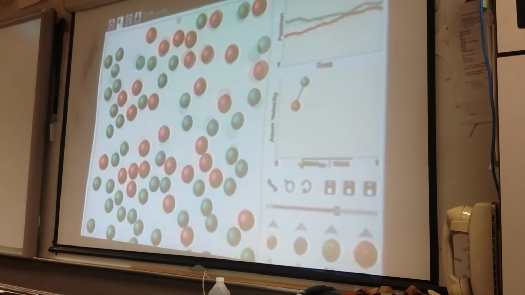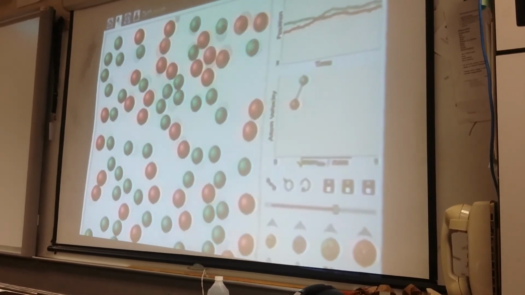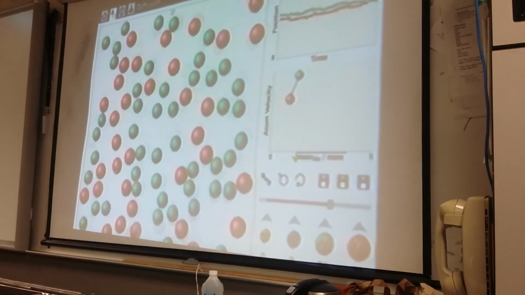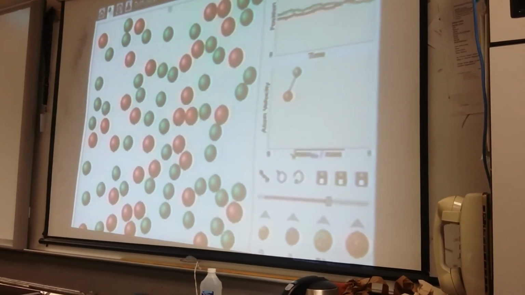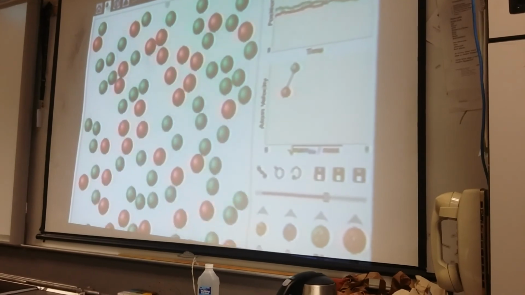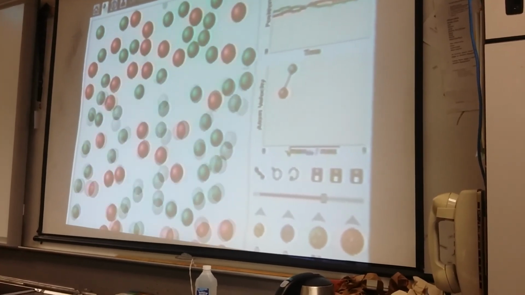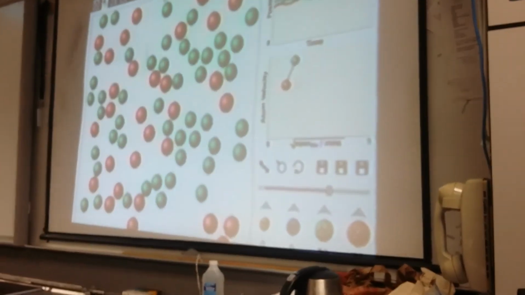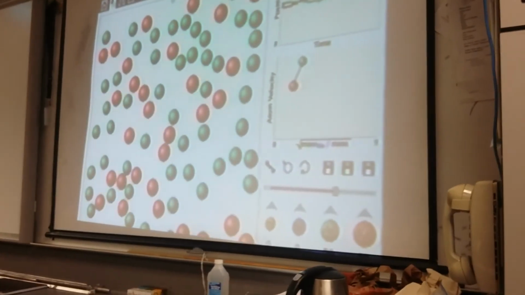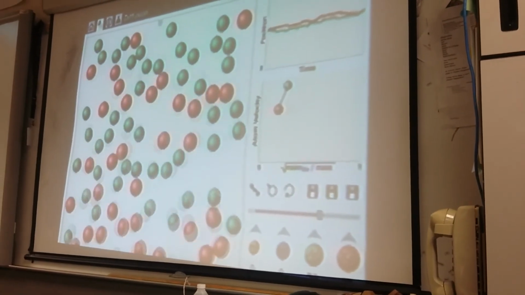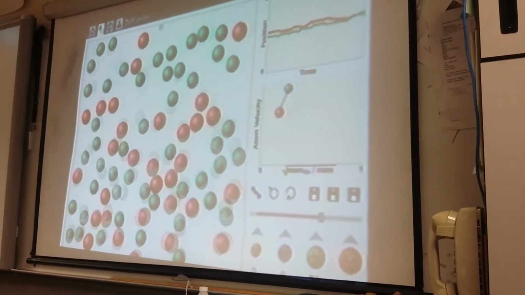Things go from where they're more to where they're less. See how they evened out? Okay, that was not intelligence. This is random motion. Random motion creates a predictable outcome known as diffusion. Molecules go from where they're more concentrated to where they're less concentrated.